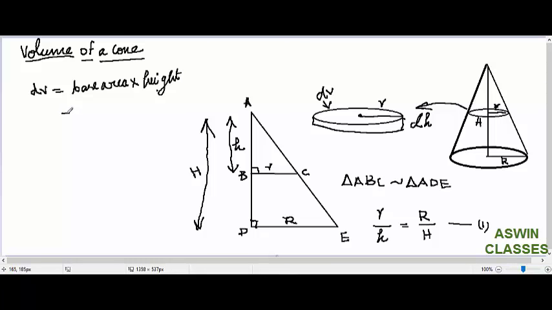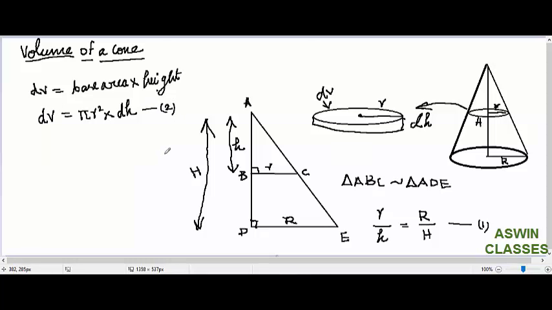Clear? Here the base area is pi r square, since it is a circle, and the height is dh. So this is the small volume. Name it as equation number 2.